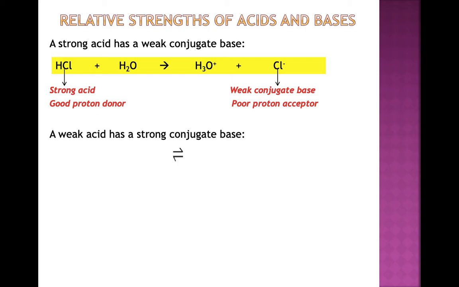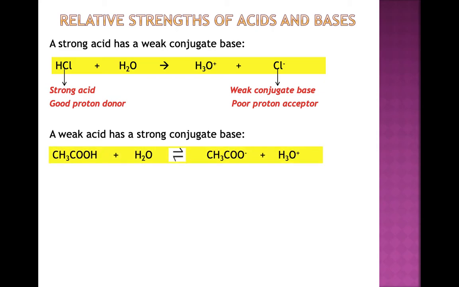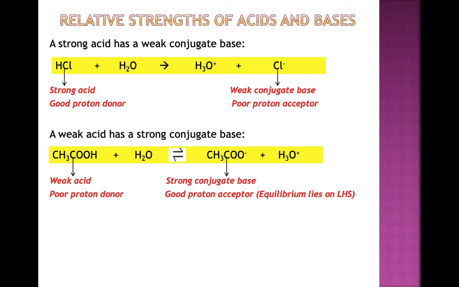If you have a weak acid, like your ethanoic acid, it would have a strong conjugate base. And here's an example, exactly the one I was talking about. If you have your ethanoic acid there on the left and it's a weak acid, it's not going to be great at donating protons. So it's a weak proton donor, and its conjugate base, over on the other side, your CH3COO minus, which is the same as your ethanoic acid, except it is less H plus, is a good proton acceptor.